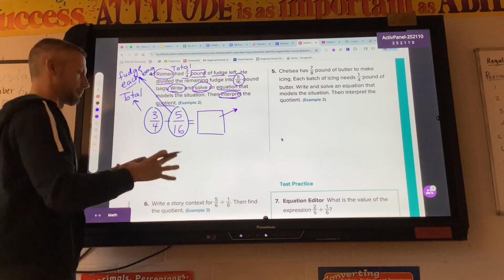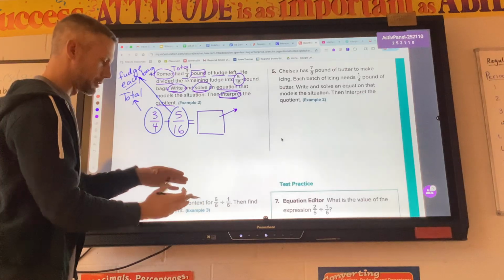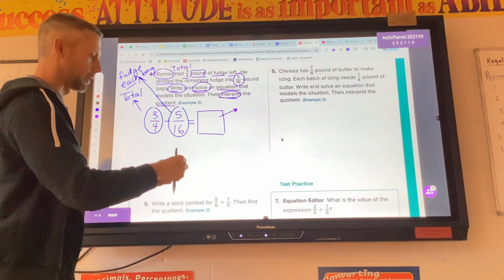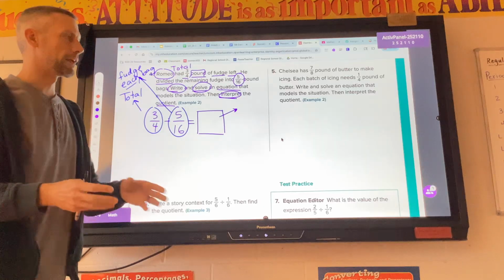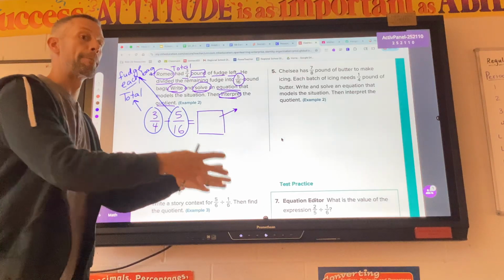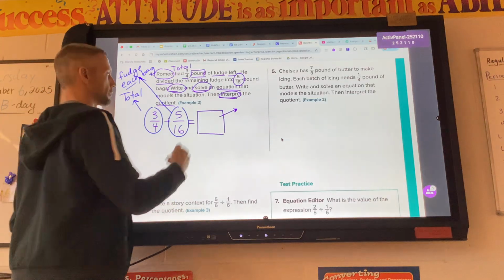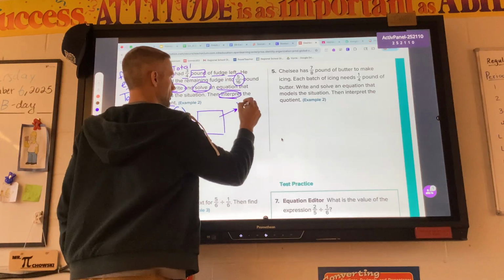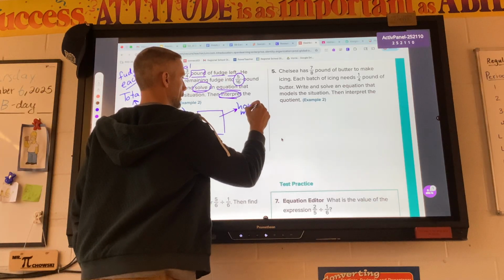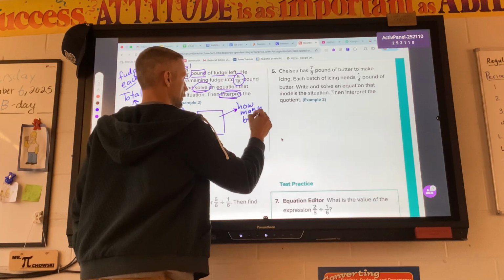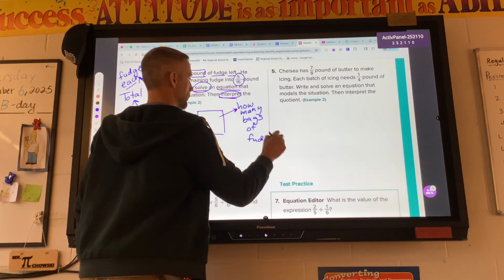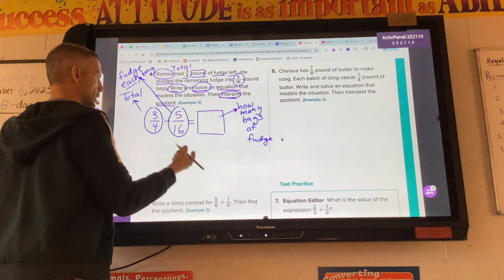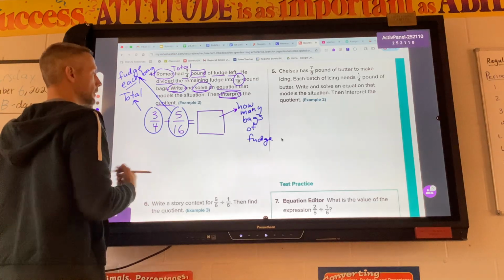So I have 3/4 of a pound of fudge, and I'm going to cut it up and take 5/16 of a pound and put it in each bag. What the answer would represent is how many bags of fudge I will be able to create. So this answer is going to be how many bags of fudge I will be able to pass out. Okay, so now let's solve it, and we'll have the answer and we'll have the interpretation.